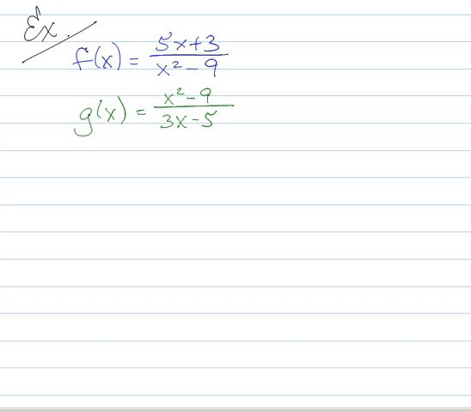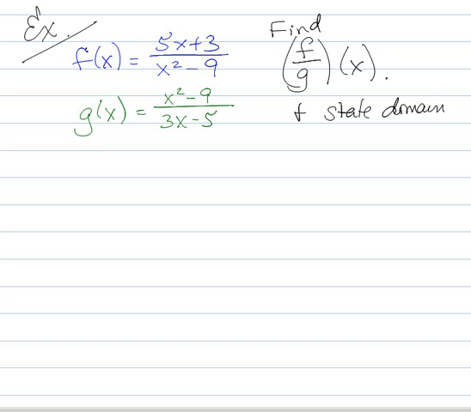Something like that, because that's not weird at all. And then f of g is what they want to say. Find f over g of x and state the domain. Alrighty. Find f over g of x and state the domain.